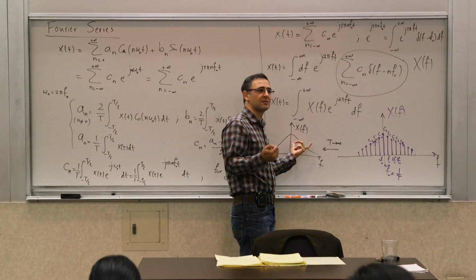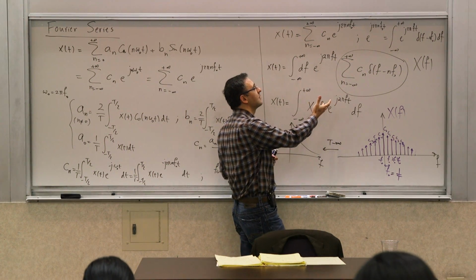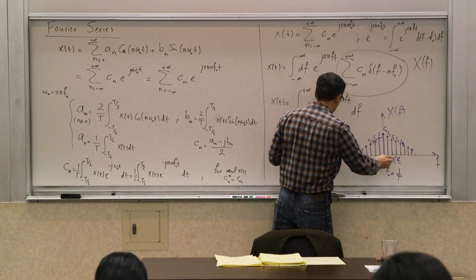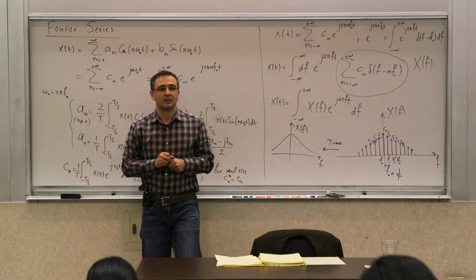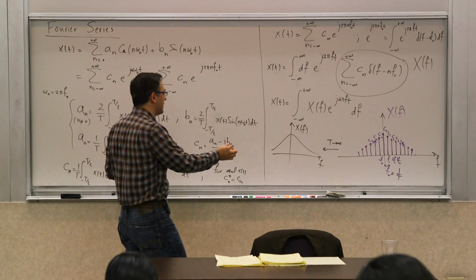So if the signal was aperiodic, instead of getting a whole bunch of impulses, you get a continuous signal at the output, which still represents how much energy you have within each limited band.